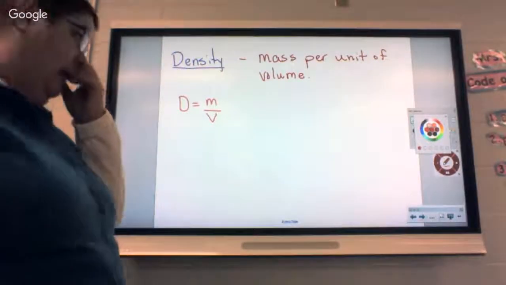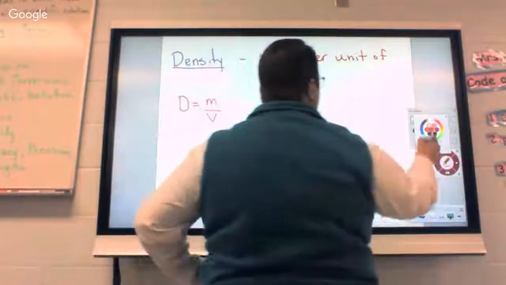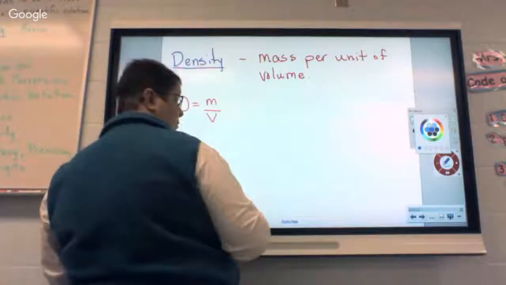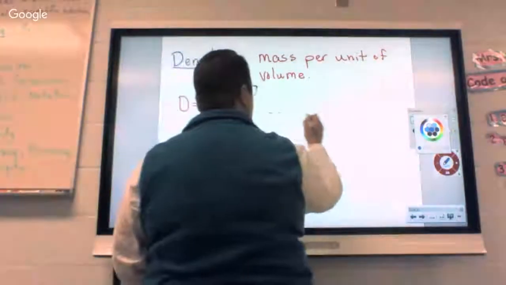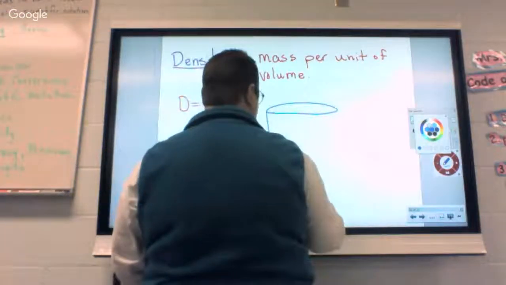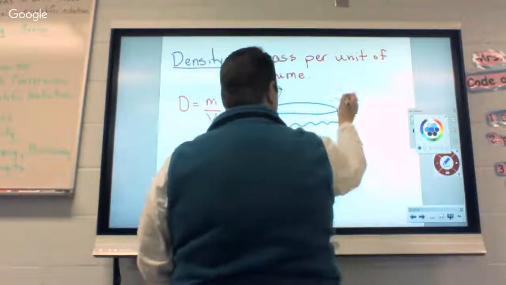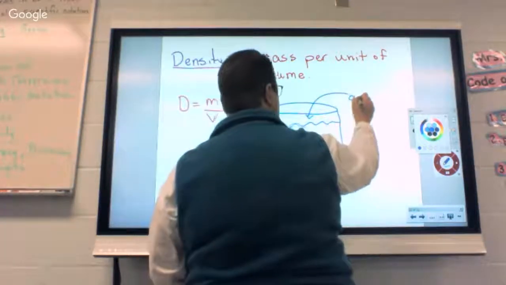Now, from there, you should also remember what Jason and a couple other people threw in for good measure. If you have some kind of container, let's just say some type of beaker, you throw in some kind of object.